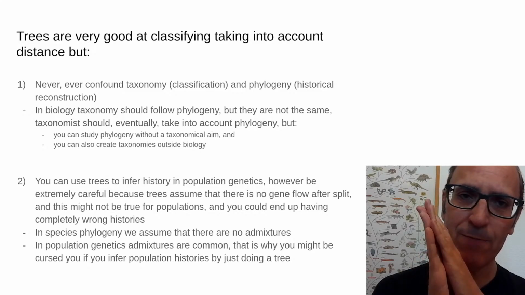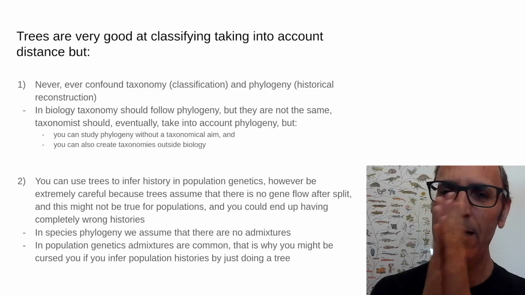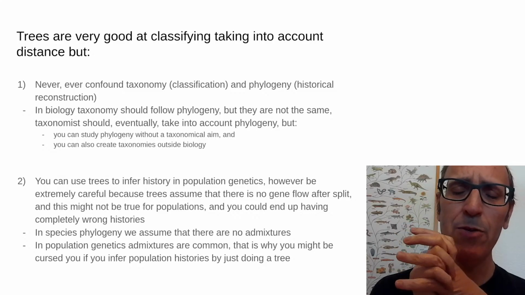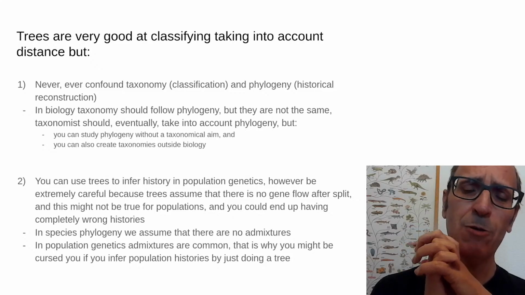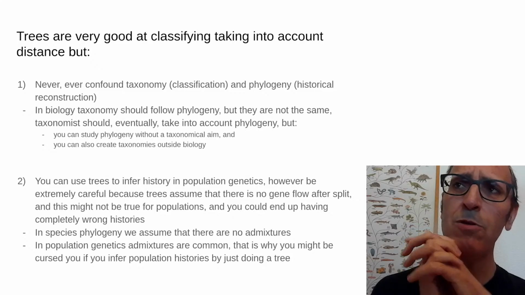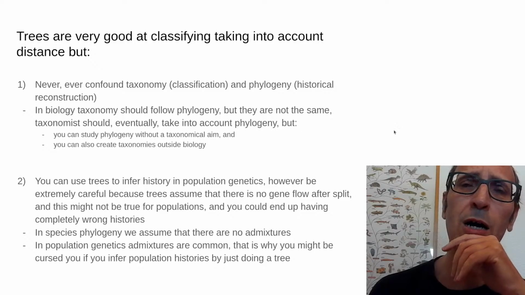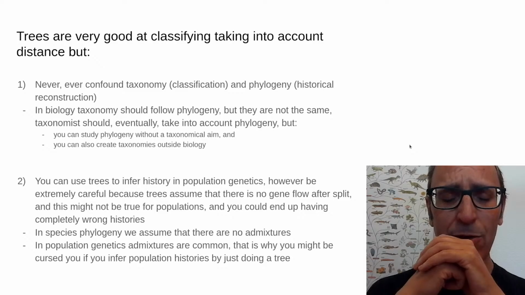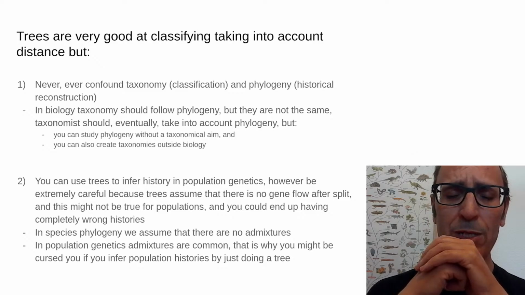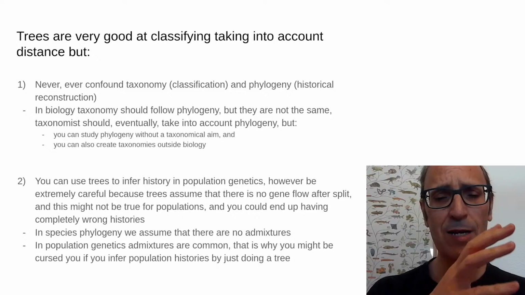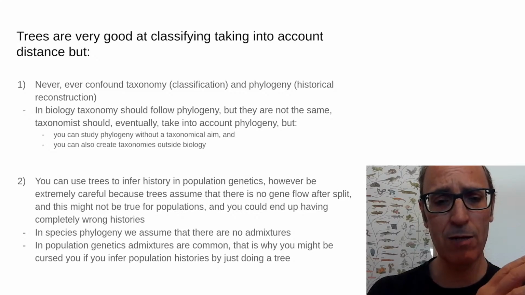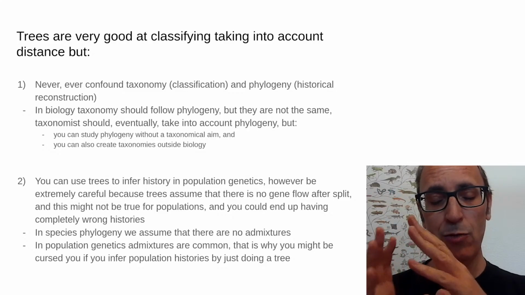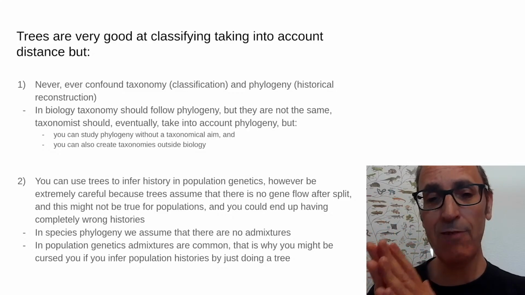First, never ever mix taxonomy with phylogeny. Trees can be used to do taxonomical classifications, and also trees can be used to do phylogeny. Taxonomy means classification. You are just saying, I am classifying these individuals together because they are similar. And phylogeny is, you are saying, these individuals have a common history.